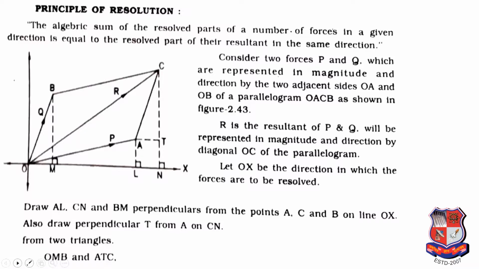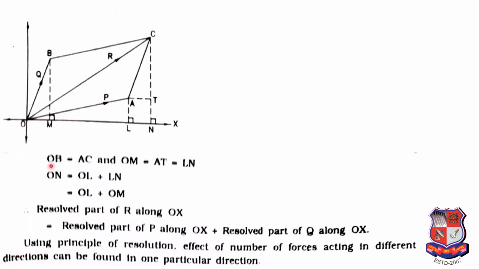So from both these triangles, OB is equal to AC, and that figure I carried forward over here so you can easily understand. OB is equal to AC and OM is equal to AT is equal to LN. So ON is equal to OL plus LN.